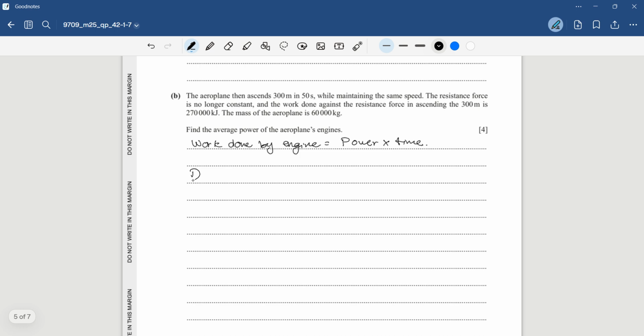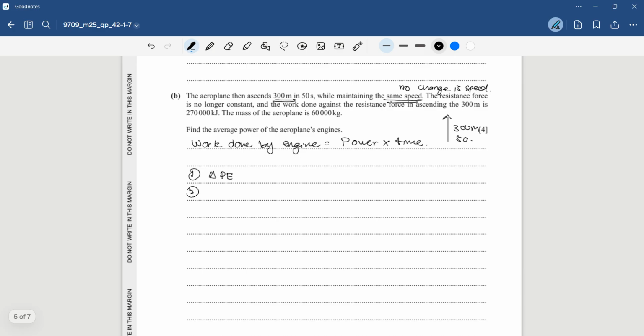Number one will be the change in potential energy, because they say it's ascending. It goes up 300 meters in 50 seconds, and since they said maintaining the same speed, there is no change in speed, so no kinetic energy.